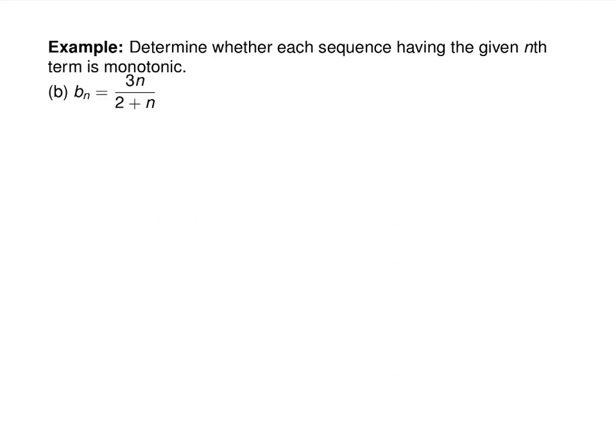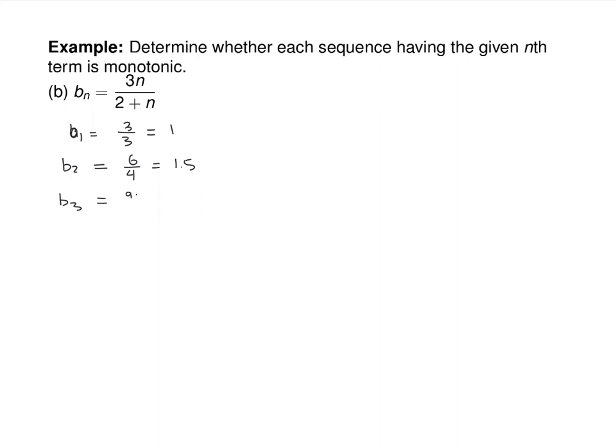Okay, now with this next one, let's try to see if we can figure out what's happening here. We'll take the first few terms and guess and see what we think is going on. So B1 will equal 3 over 3, which is 1. B2 will equal 6 over 4, which is 3 halves, or 1.5.